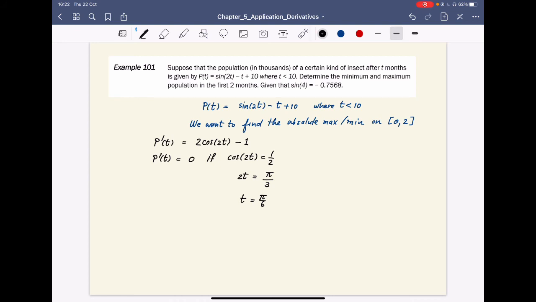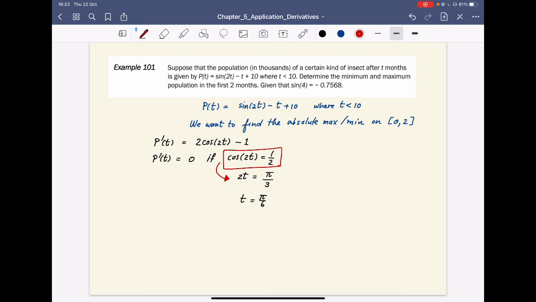So, to make sure that we have all critical points and all critical numbers, let's take a step back to look at the equation here. We have cosine 2t equals 1/2. Actually, when you solve trigonometric equations, you could have more than one solution, right? Because there are so many angles where, when you take cosine, you get 1/2.